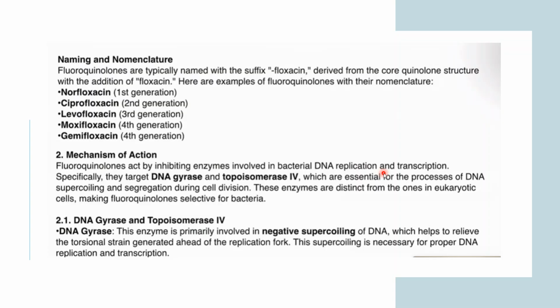Specifically, they target DNA gyrase and topoisomerase 4, which are responsible for DNA replication and transcription in bacterial DNA, and which are essential for DNA supercoiling and segregation during cell division. These enzymes are distinct from the ones in eukaryotic cells, making fluoroquinolones selective for bacteria.